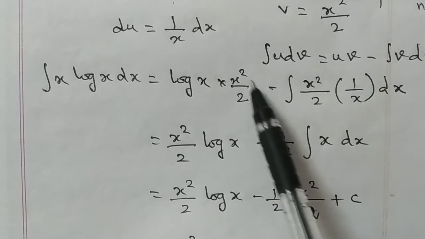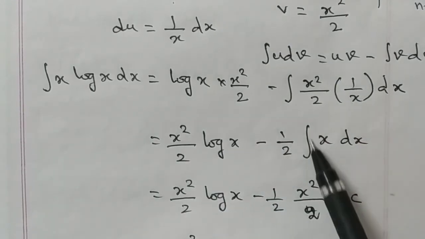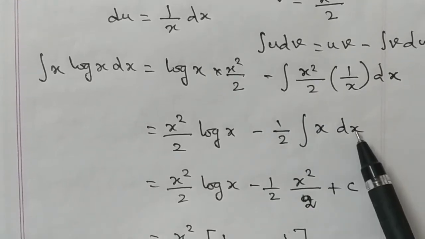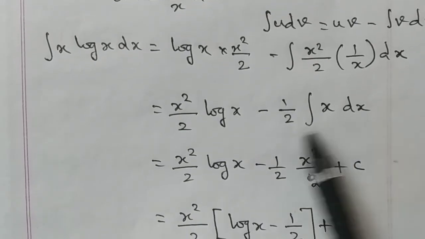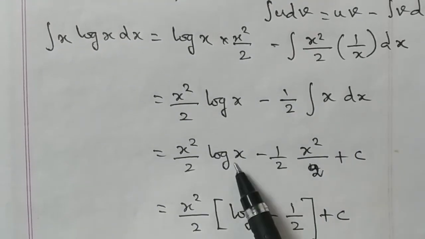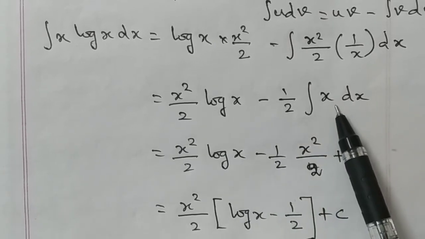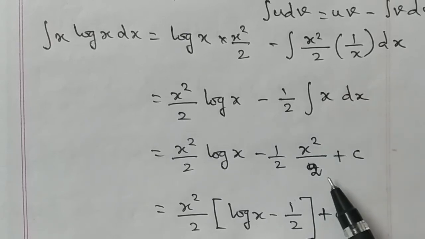So x square by 2 log x minus 1 by 2 into the integral of x into dx, since the x cancels. Now the integration of x is x square by 2.